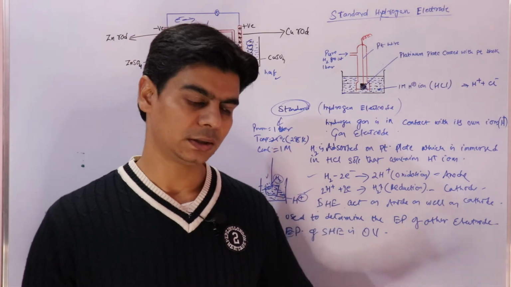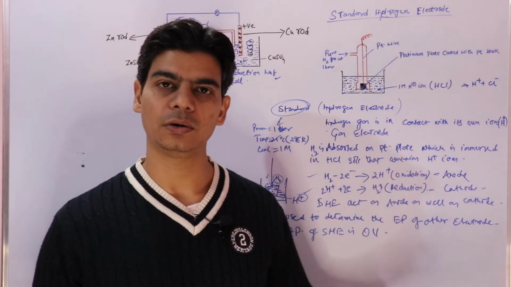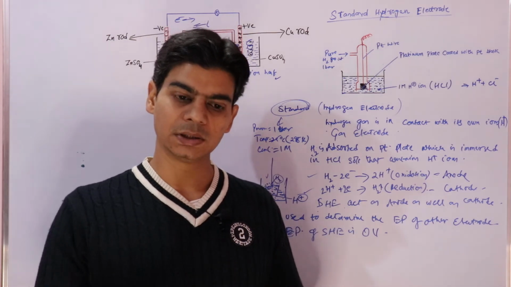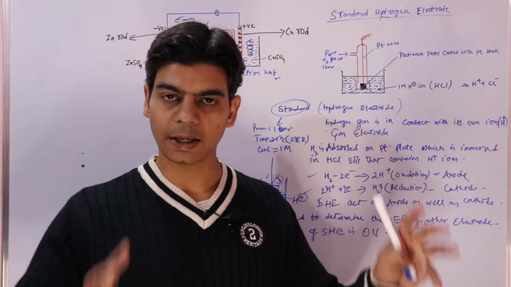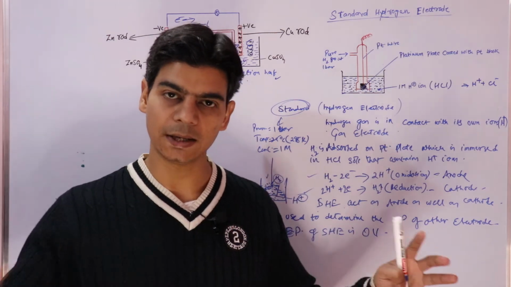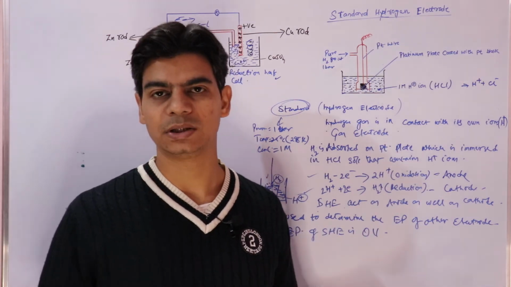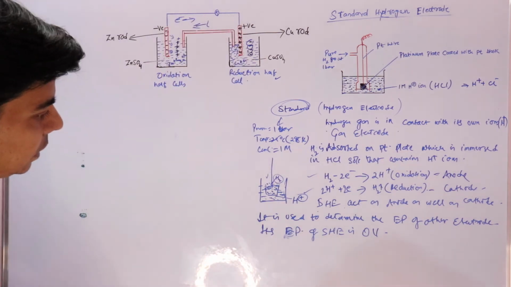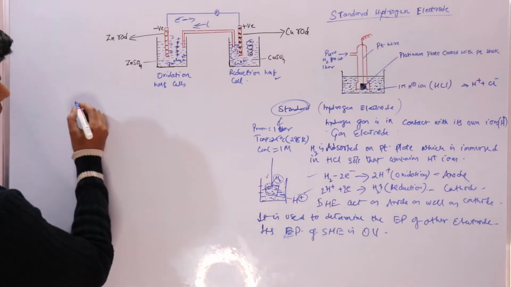We know the electrode potential of the standard hydrogen electrode is 0, so whatever the EMF of the entire cell is, that is the electrode potential of the other electrode, which is zinc. I'll try to make you understand.